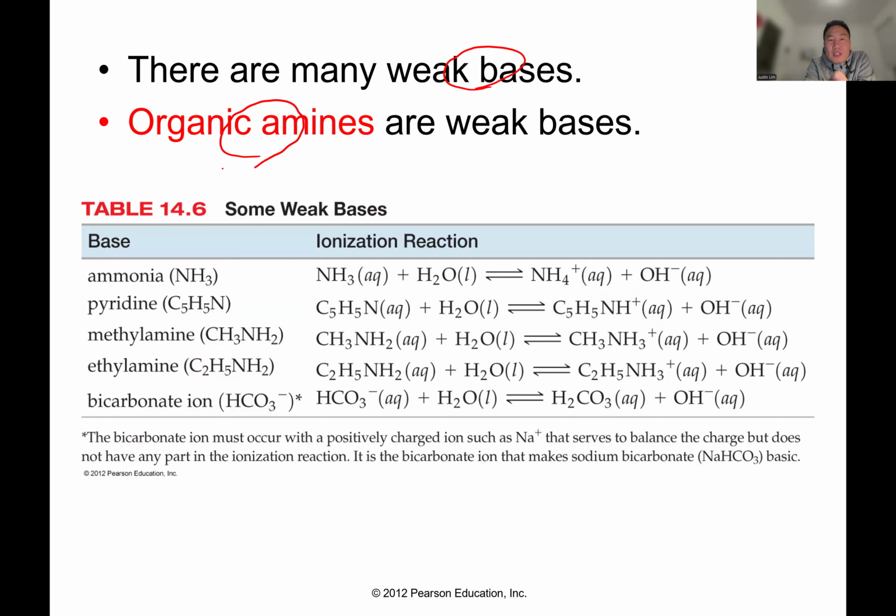Only amines are weak bases. So when you see nitrogen, we can call it an amine. For example, NH3, C5H5N. Amines are weak bases. Also, bicarbonate ion is a weak base.